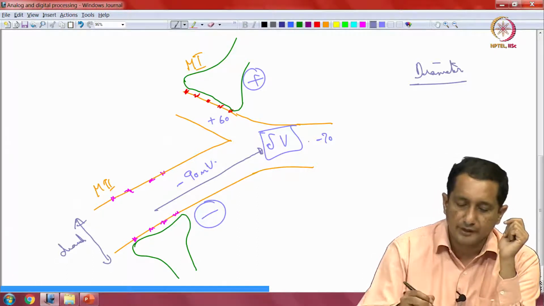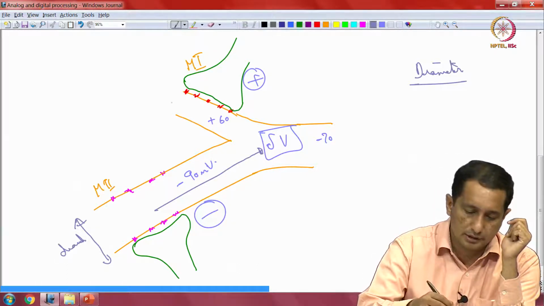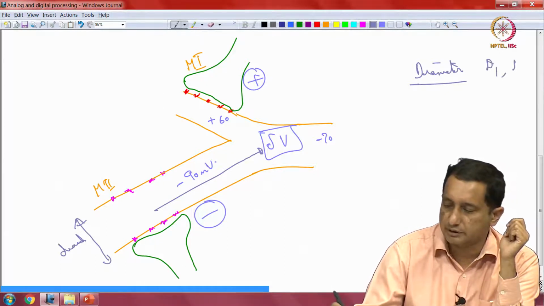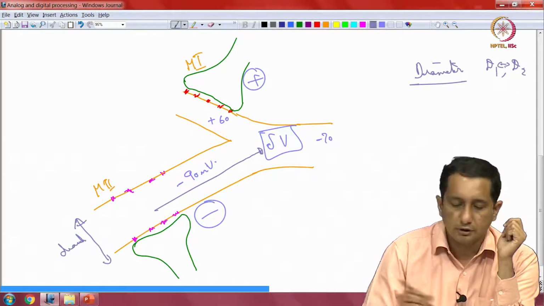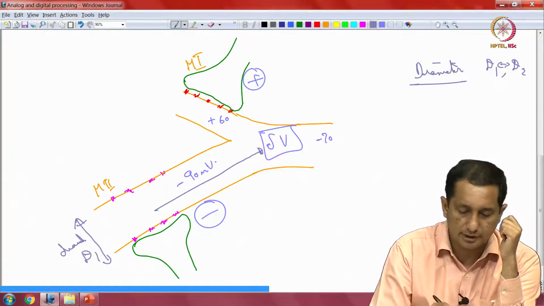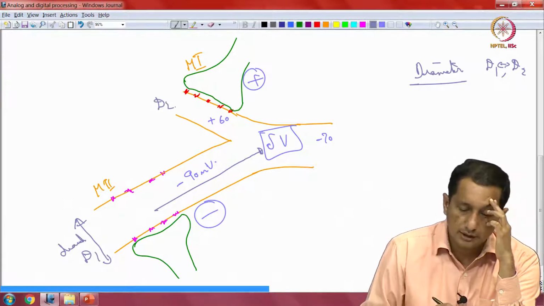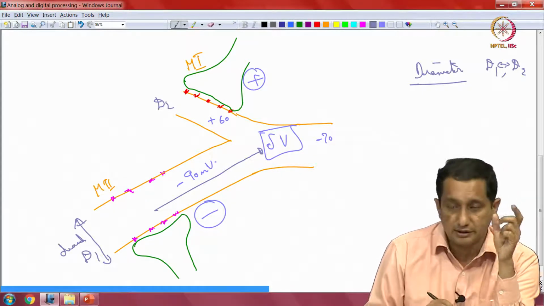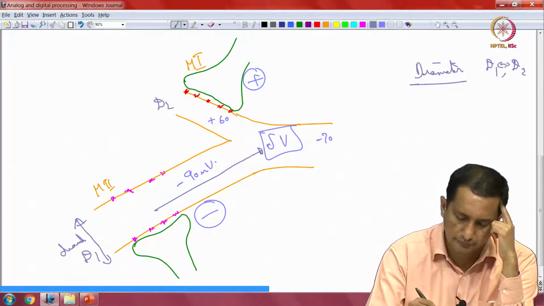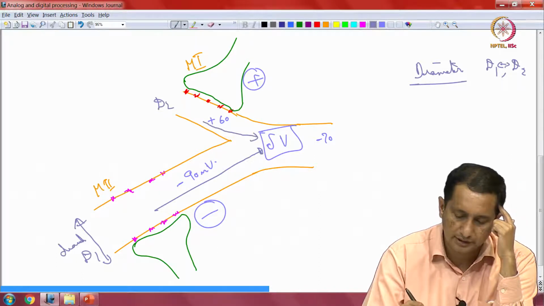Similarly, we have diameter D1 versus D2, where diameter 1 is here and diameter 2 is here. Then even the distance is something which I discussed. How much distance is there? We should have a different metric for that: what is the length at which this is happening?